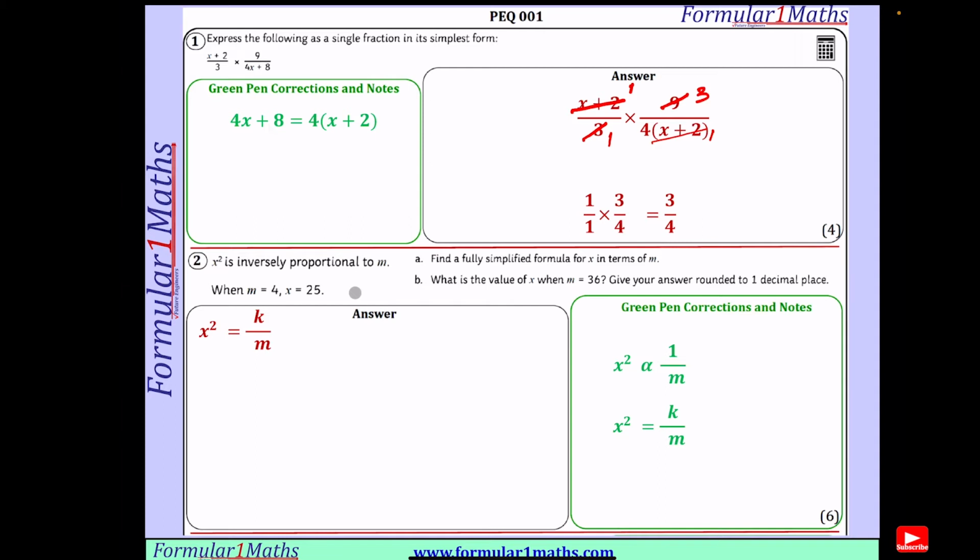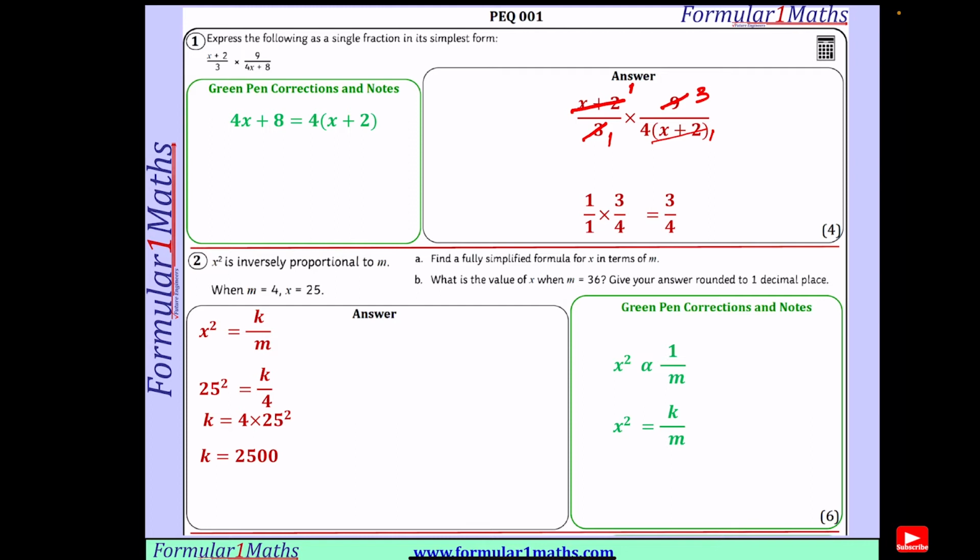So we substitute the values into this formula to get 25 squared equal to k over 4. We rearrange to find the value of k, which will be k equal to 4 times 25 squared. Evaluate that to get 2,500.